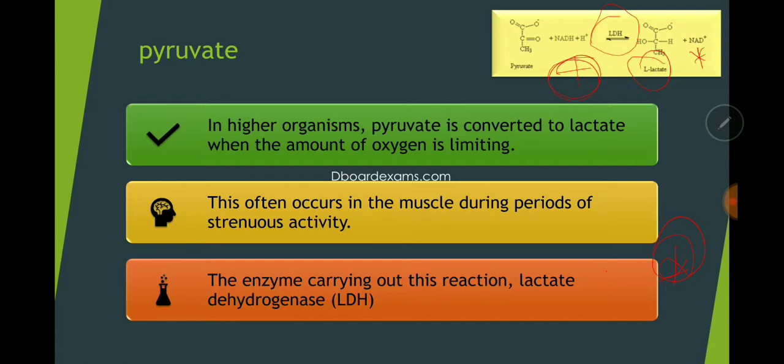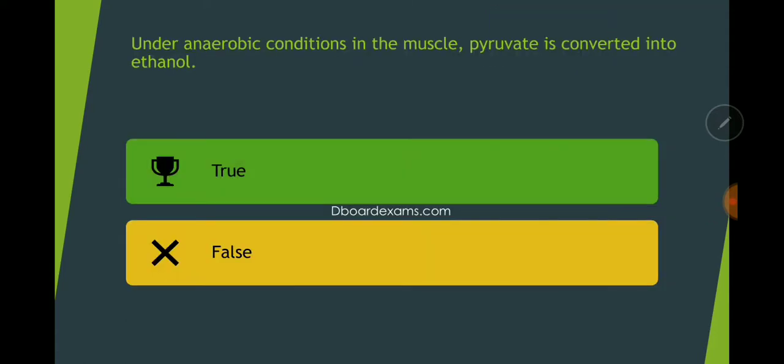Let's answer this question, very simple from what I just mentioned. Under anaerobic conditions in the muscles, pyruvate is converted into ethanol. True or false? One, you have to understand we are talking about anaerobic conditions in muscles, so we're going to assume this is a human or a mammal.